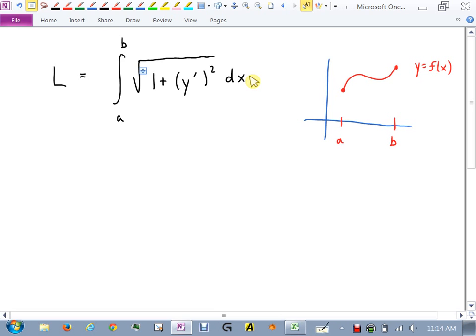So now we're going to get a different problem, and we're going to see that sometimes this y prime squared can lead us to some kind of messy algebra. So here's an example. Let's take one of these even problems here. Find the length of... let's try this one.